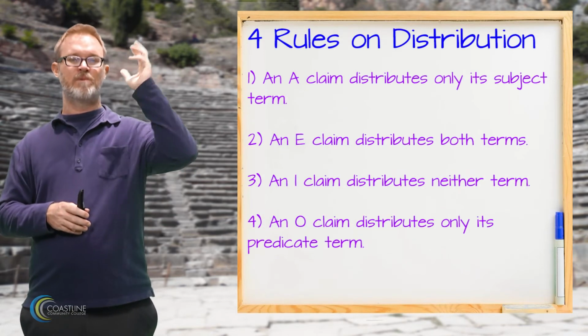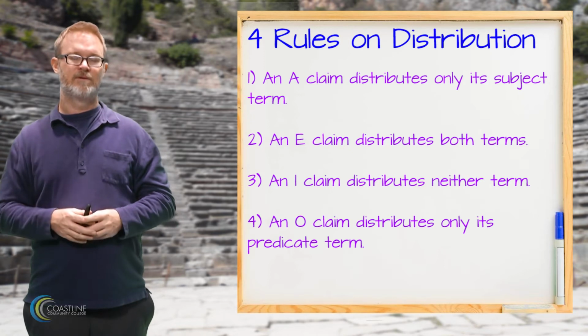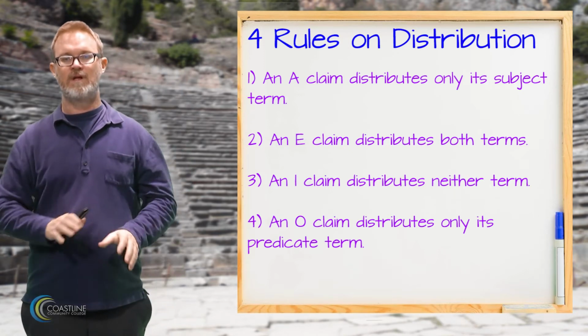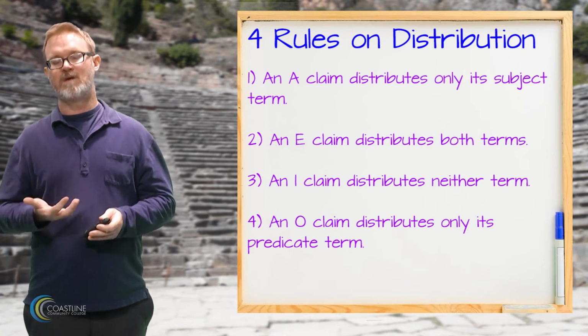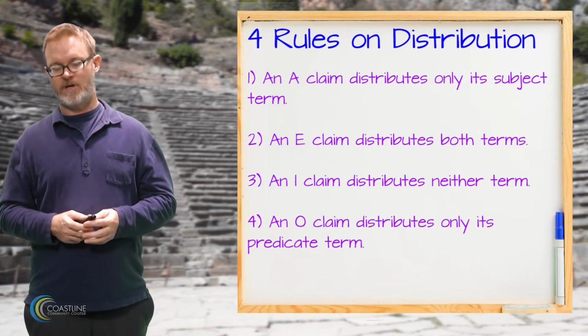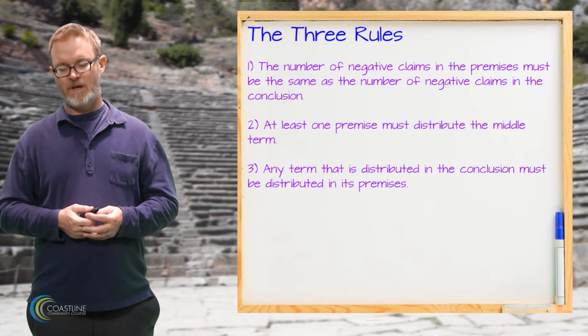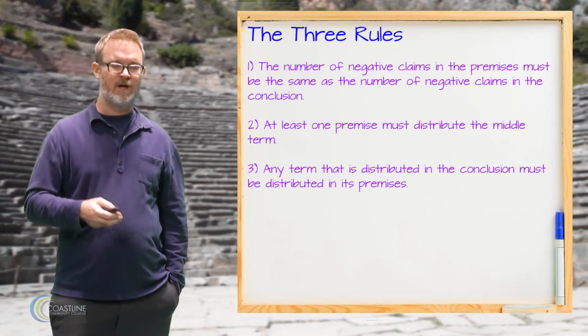The A claim distributes the subject term, and the O claim only distributes the predicate. And then you have the E distributing both terms and the I distributing neither. So you have a kind of pattern, a symmetry there, and it's an easy way to think about distribution to help you learn.